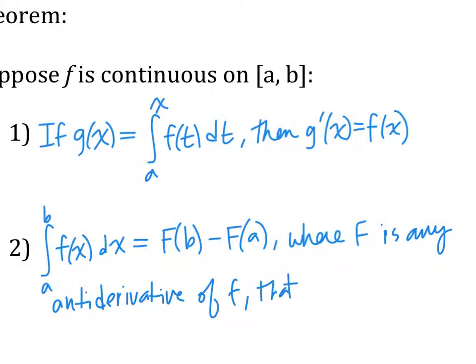That is, F prime is going to equal little f. So the second part of the theorem says the integral from a to b of little f of x is equal to big F of b minus big F of a. The definition of big F and little f is shown below.